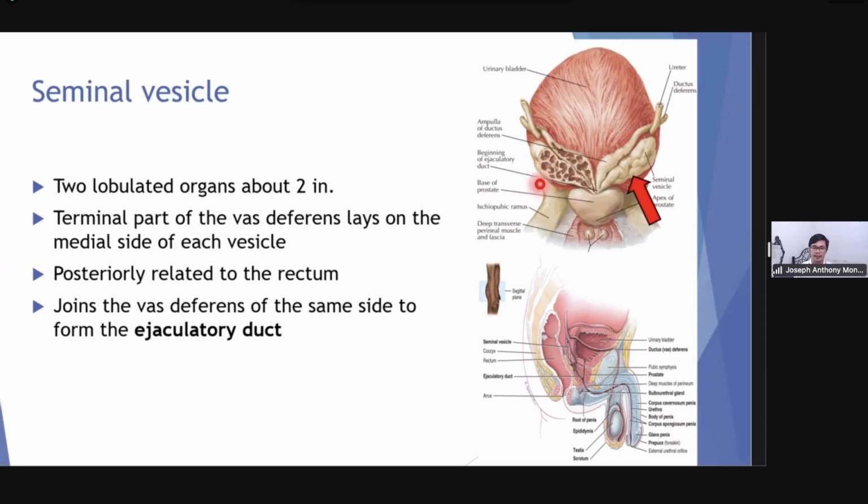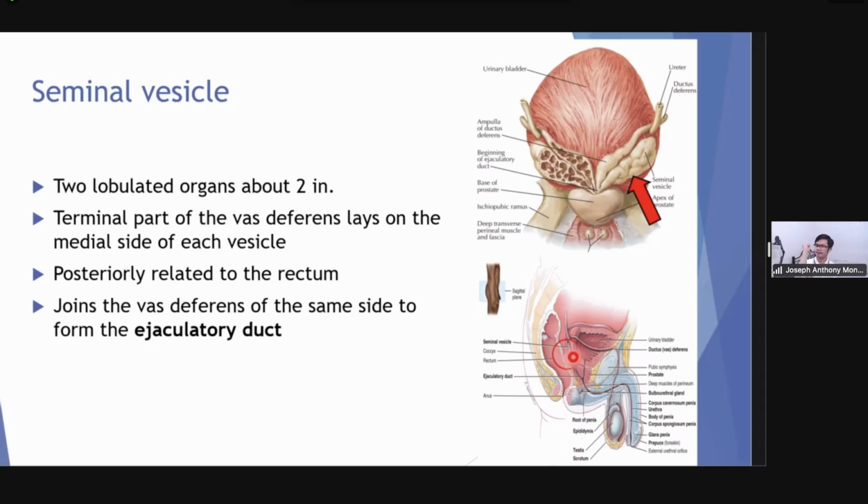Having that said, earlier we discussed that as the ampulla terminates, so does the seminal vesicle; they will be in unison, stick together, and form your ejaculatory duct as it pierces your prostate. Here in the picture, in the parasagittal or sagittal view, as you could appreciate, this is your seminal vesicle.